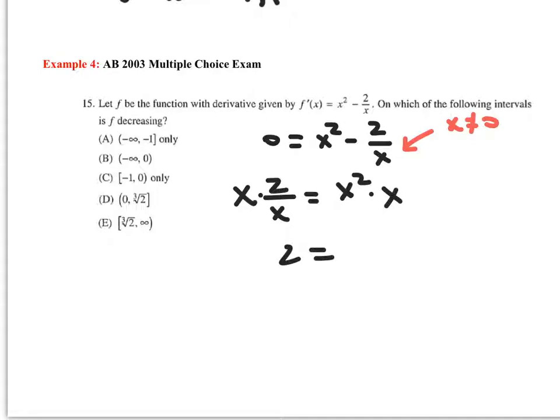So I get 2 equals x cubed. It's starting to show potentially either this answer or this answer as endpoints, but we'll see here in a moment. You never know. So we'd get the cube root of 2 equals x. Okay, so that's a critical point.